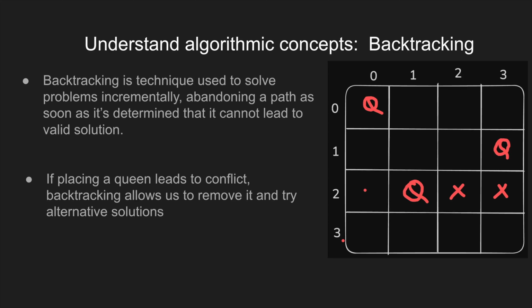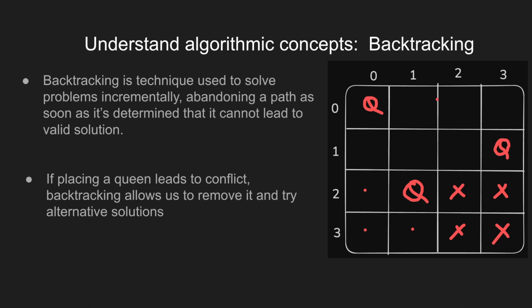By using recursion, we can go to the next row, but this column is also gone, this column is gone, this row is gone, this diagonal is gone for this condition, and this column is also gone for this queen. So this placement is also wrong.